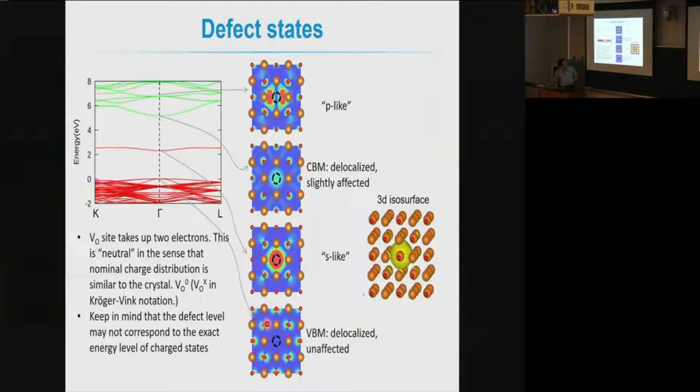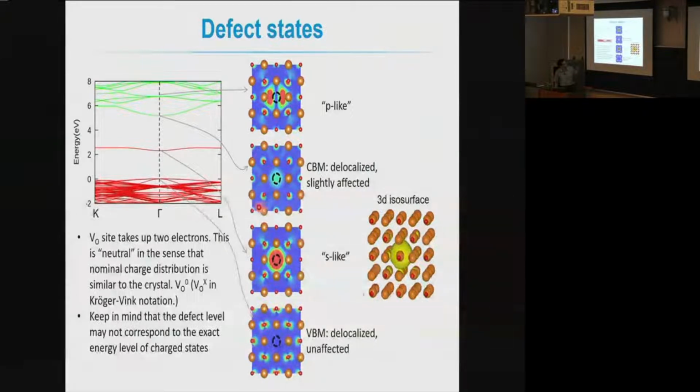Therefore this is similar to the valence band maximum of the original perfect crystal. Also, if you look at the plot of the conduction band at the bottom, even though there is the vacancy and the wave functions are slightly modified around this defect, its overall distribution is similar.